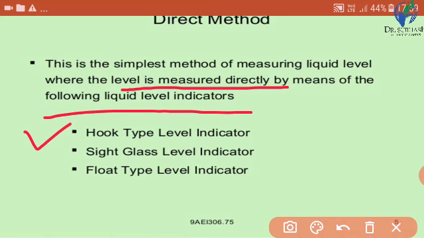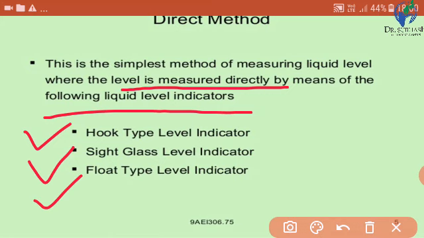Some examples are given. One is the hook type level indicator, another one is the sight glass level indicator, and the next one is the float type level indicator. So these are the direct methods for level measurement, and these three are the liquid level indicators.